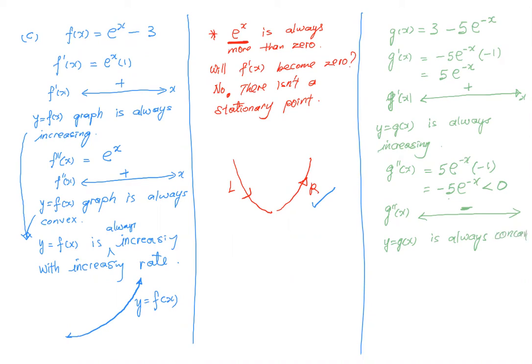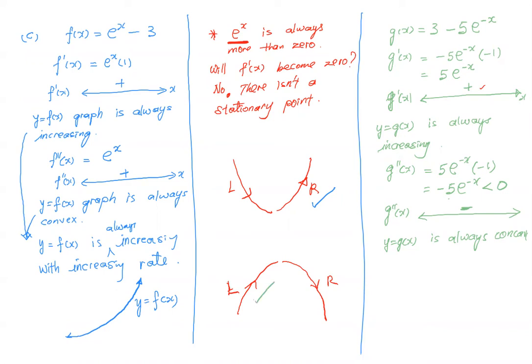So if you combine both, when you talk about concave, you have two parts, correct? Are you choosing the left-hand or the right-hand side? It must be increasing. Left. Left, you're right.